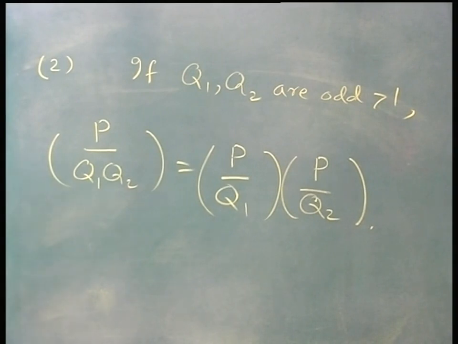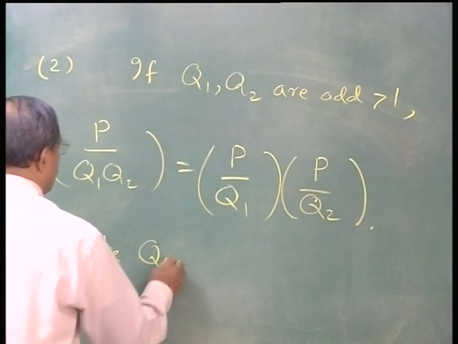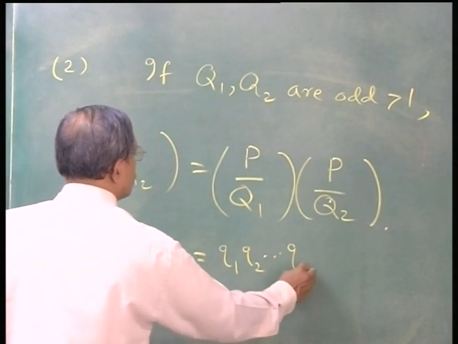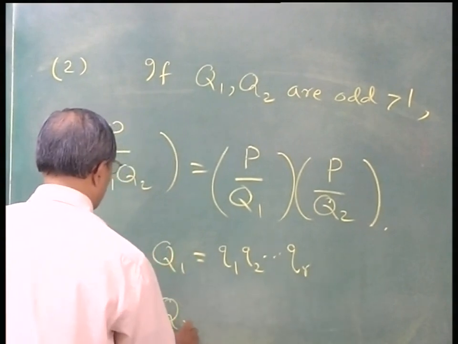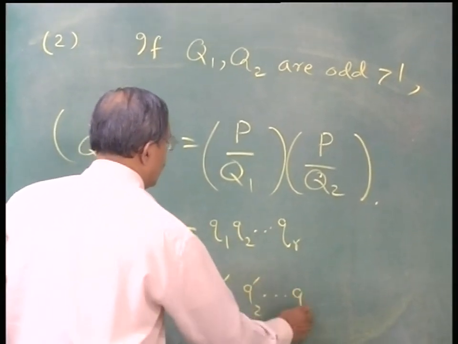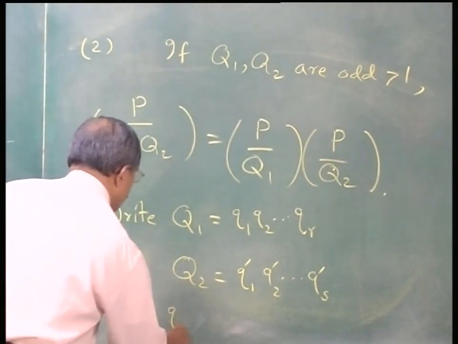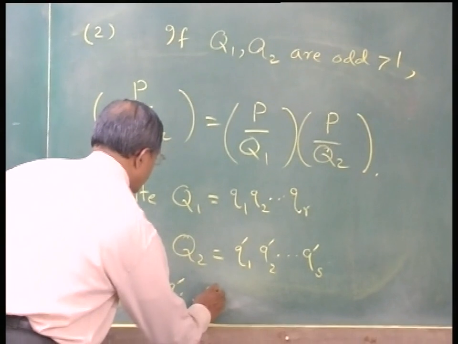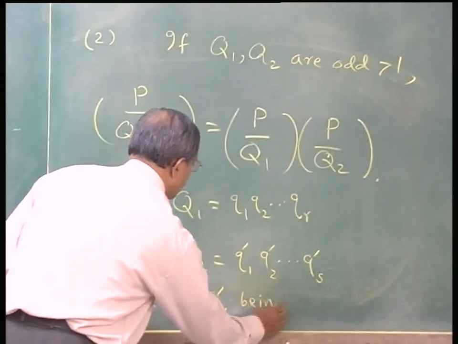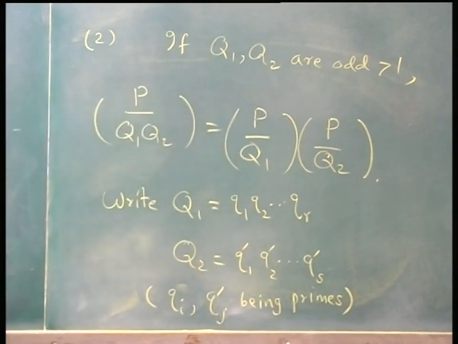That is a consequence of the definition. Write Q1 equal to q1 q2 ... qr, and Q2 equal to q1 dash, q2 dash, ... qs dash. So these are primes, these are also primes, all odd primes.